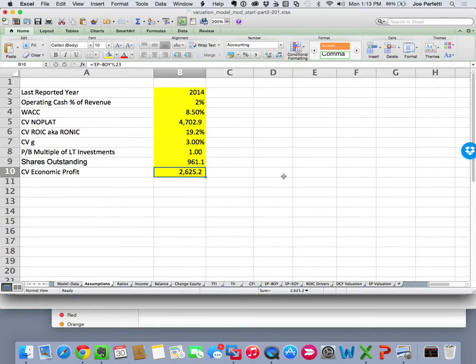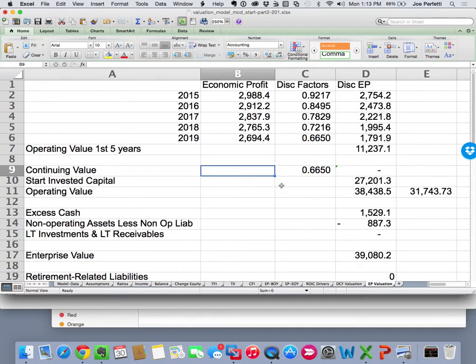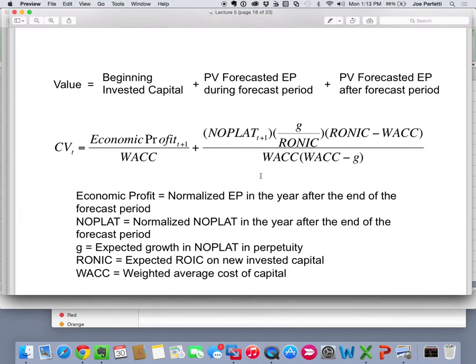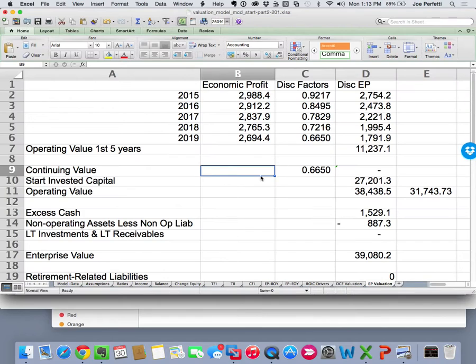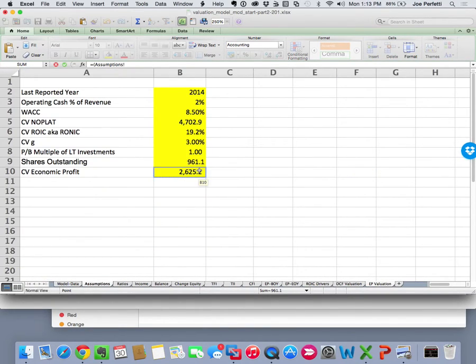So I'm now ready to start. I got the 5 items, these 4 plus this one, to create the continuing value economic profit equation using this formula. So see if we can get it right in the first try. Economic profit T+1 divided by WACC. So equals left paren from the Assumptions tab, CV economic profit divided by WACC. Right paren. Plus left paren. No plat. Continuing value no plat.